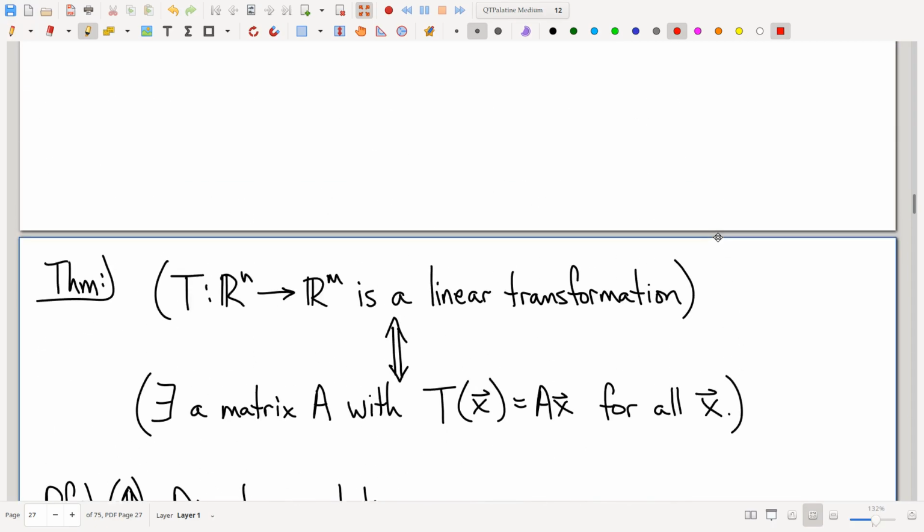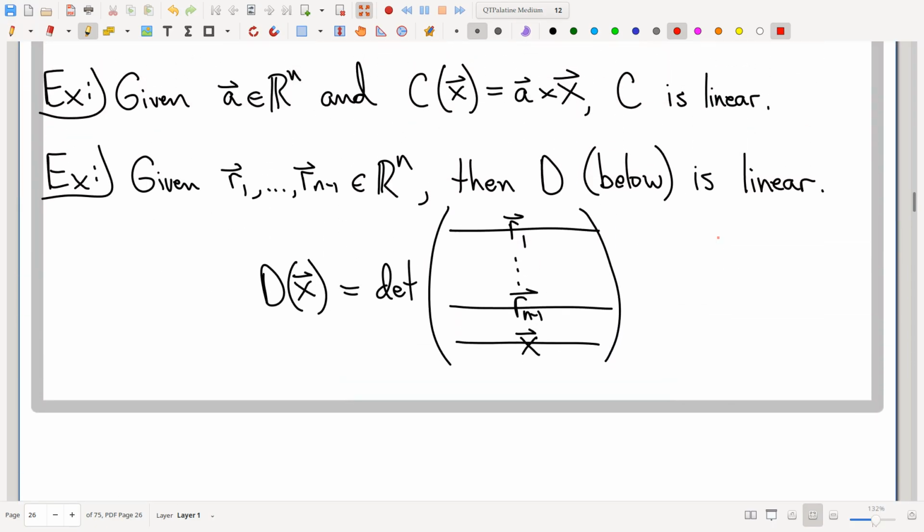So you're not performing any action with the determinant. You're just saying the x vector is just going to replace the row or column, whatever it is. Yeah. So if you give me a vector x, and you say I would like to apply this function d to that vector x, then here's how that's going to work.